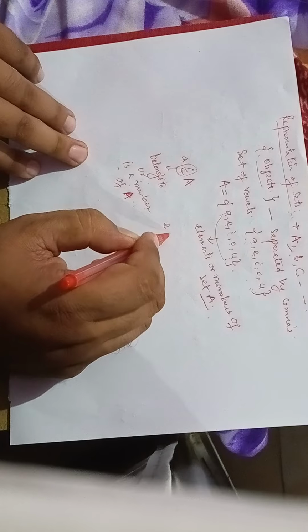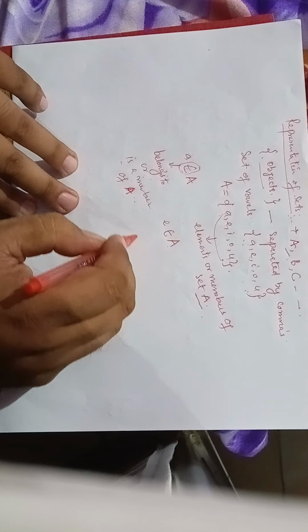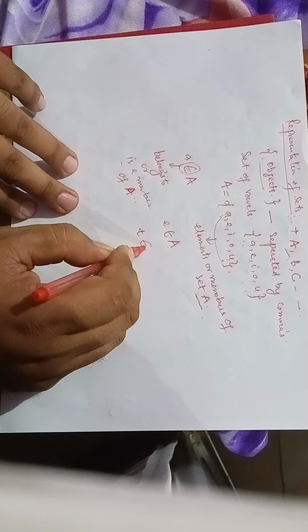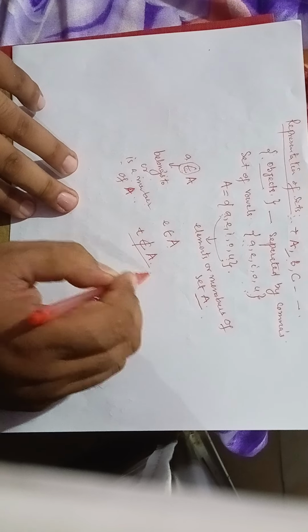So I can also write e belongs to set A. I can also write t does not belong to A, or t is not a member of A.